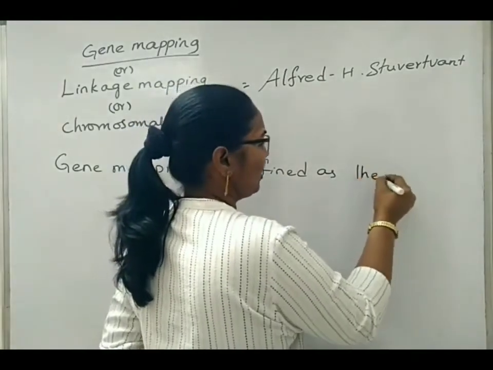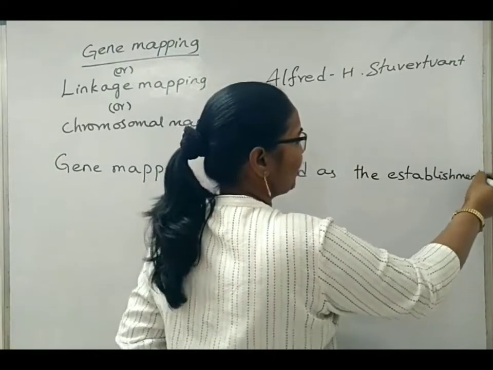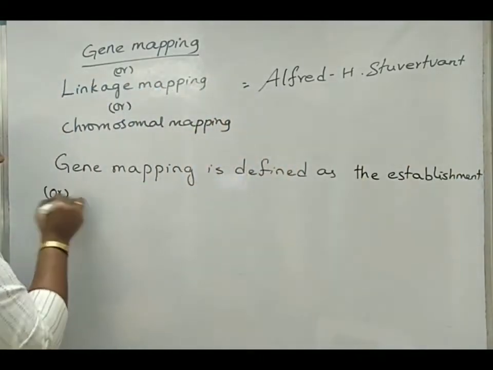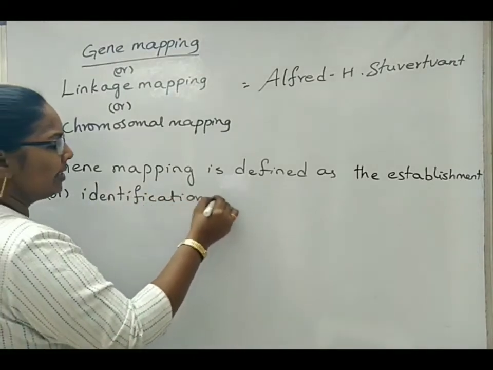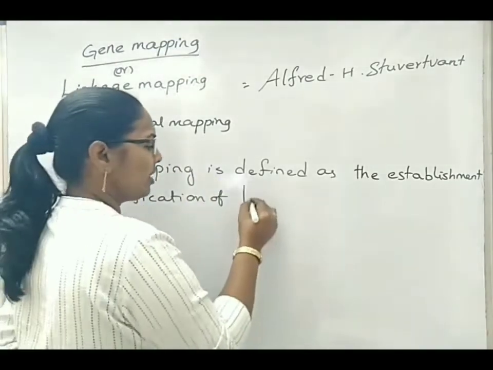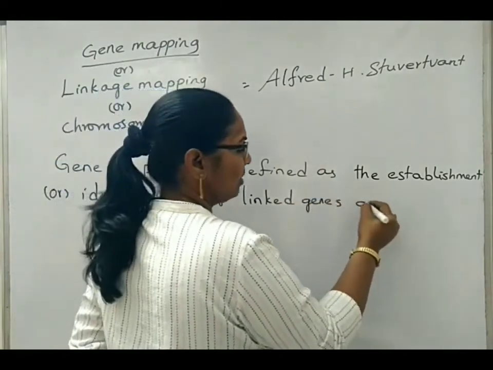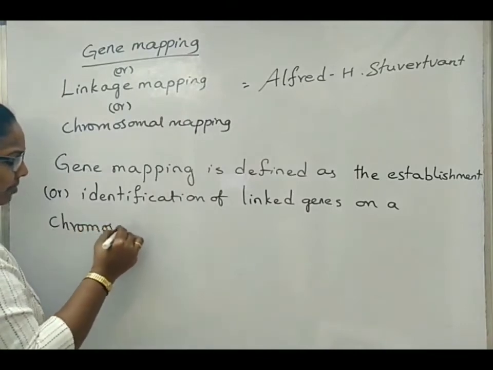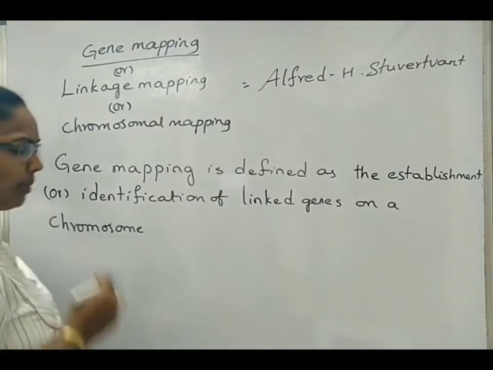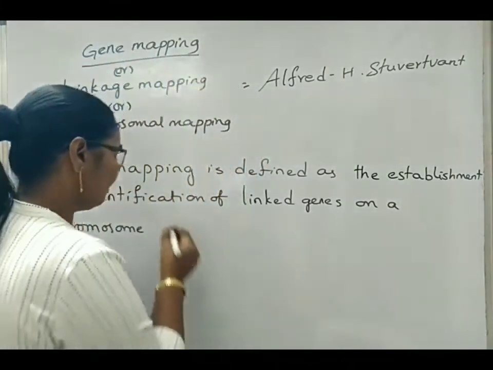As the establishment or identification of linked genes on a chromosome so that we can know the percentage or the frequency of crossing over.